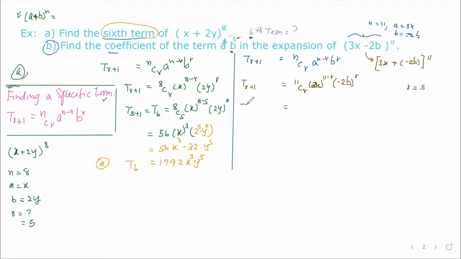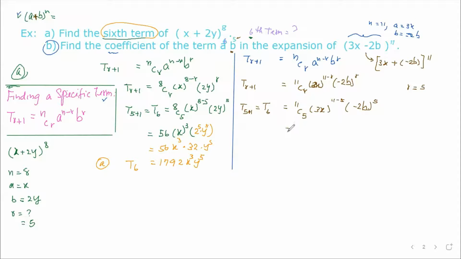So we replace r with 5, plus 1, that's equal to the 6th term. So this one is going to be 11C5, r is equal to 5, and then 3x power 11 minus 5, and negative 2b power 5.